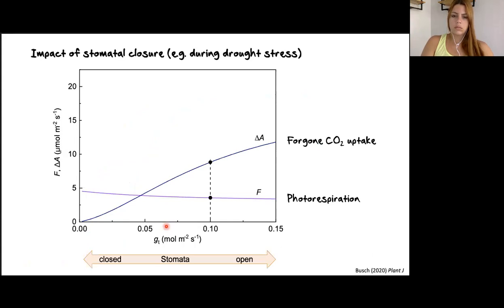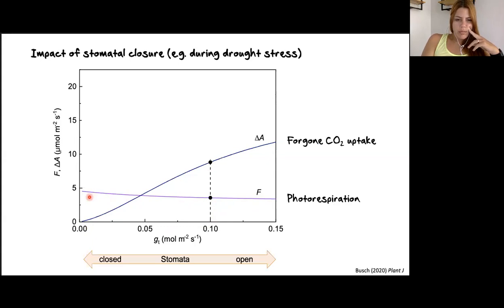And you can see here, to the right is when stomata are open, to the left is when you close stomata. So this is stomata fully closed. And here the dot-dashed line is what you might expect as a typical resistance value in a plant. You can see as we close stomata, photorespiration goes up.